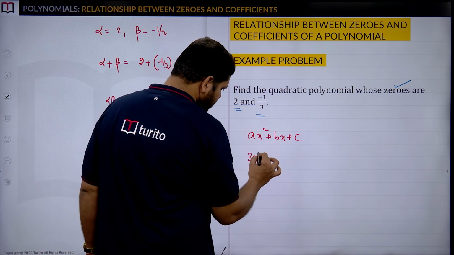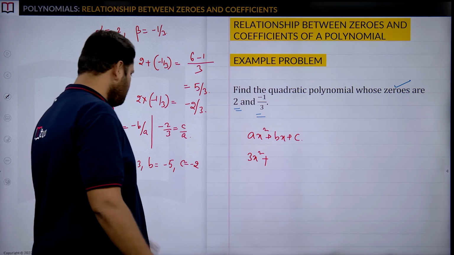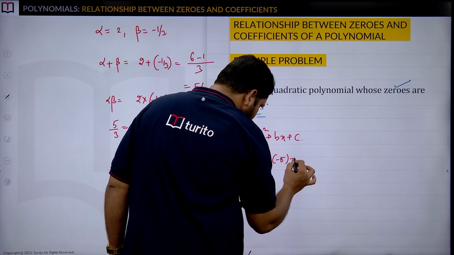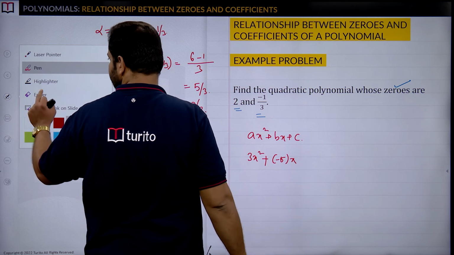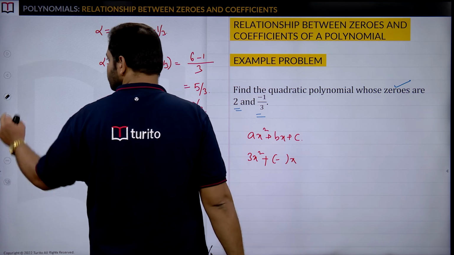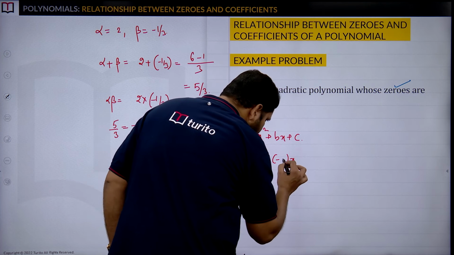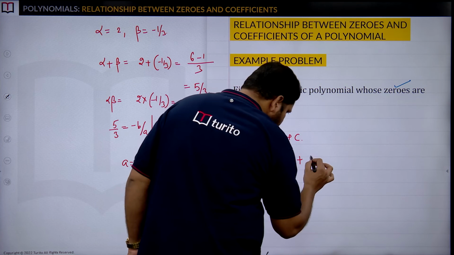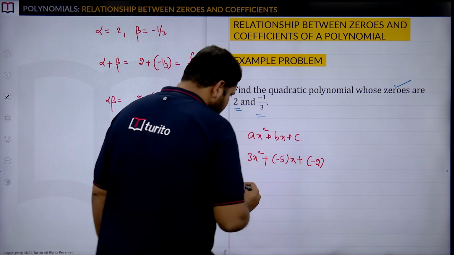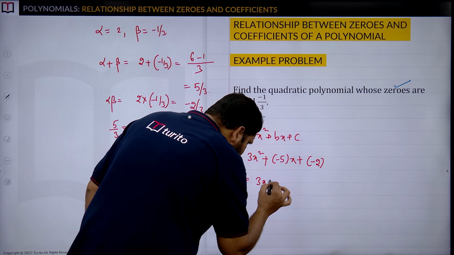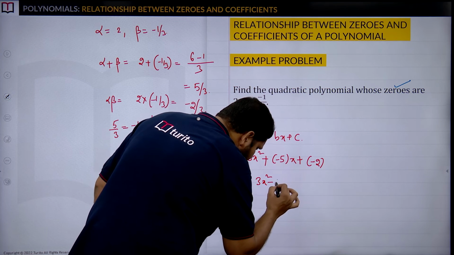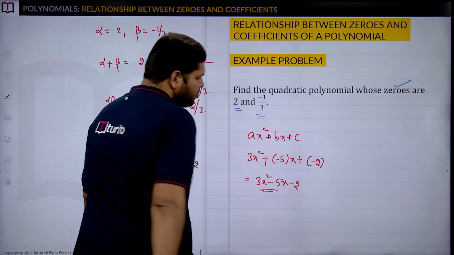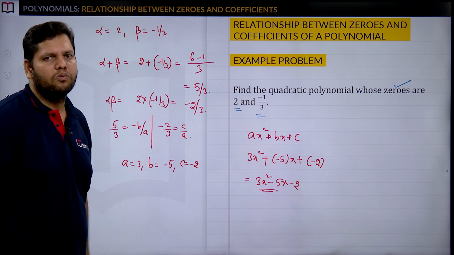So we can write 3x² plus b equal to minus 5, so this is minus 5 into x, and plus c value. What is the c value, children? It is minus 2. So what I am writing? 3x², minus 5 into x we can take as minus 5x, and this is minus 2. So this is our required quadratic polynomial.